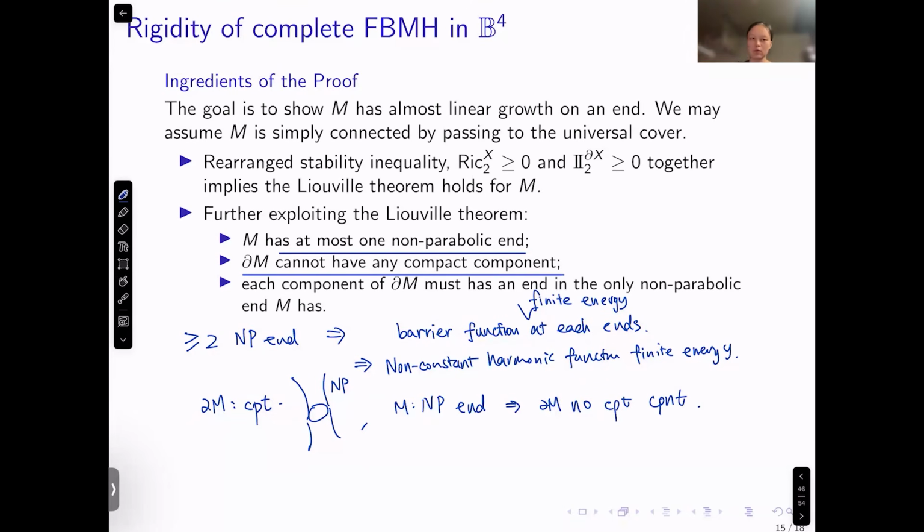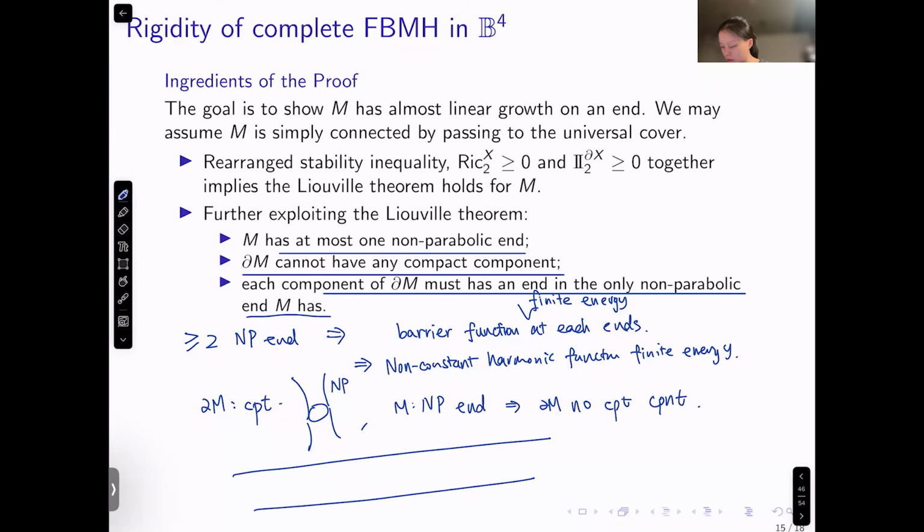Which means the boundary has to be non-compact. And also the last condition is that the boundary has to interact with the non-parabolic ends. So the idea is that you cannot have this image. You cannot have a cylinder that has what we want, but then you attach an almost Euclidean end to the cylinder, where now you can exhaust the cylinder with theta-bubbles, but that doesn't really interact with the interior end you have.